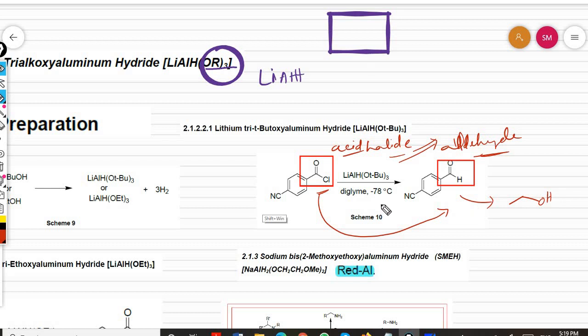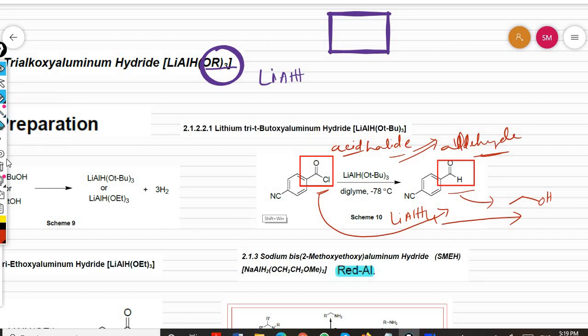If you use lithium aluminum hydride, you get the direct alcohol because of its strong reducing nature. If you use tri-butoxy lithium aluminum hydride, you get the aldehyde, and the reaction stops because of the less reducing nature of the alkoxy aluminum hydrides.